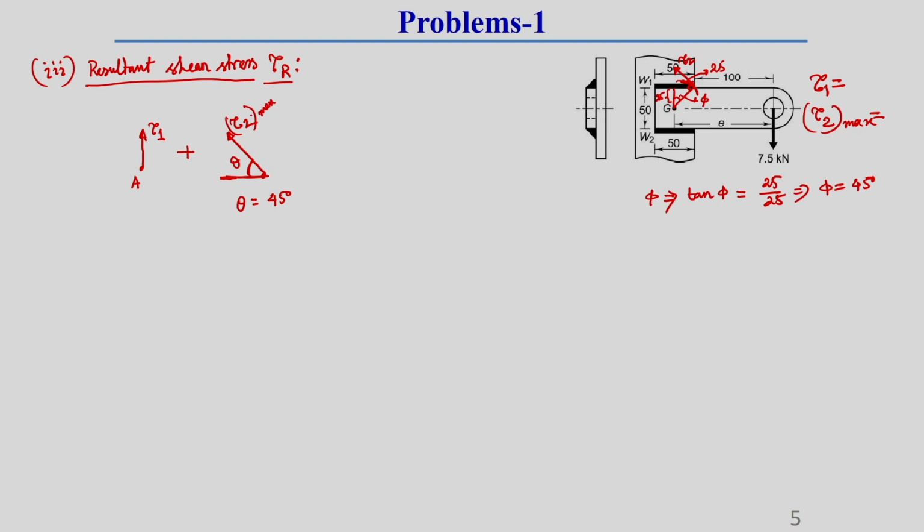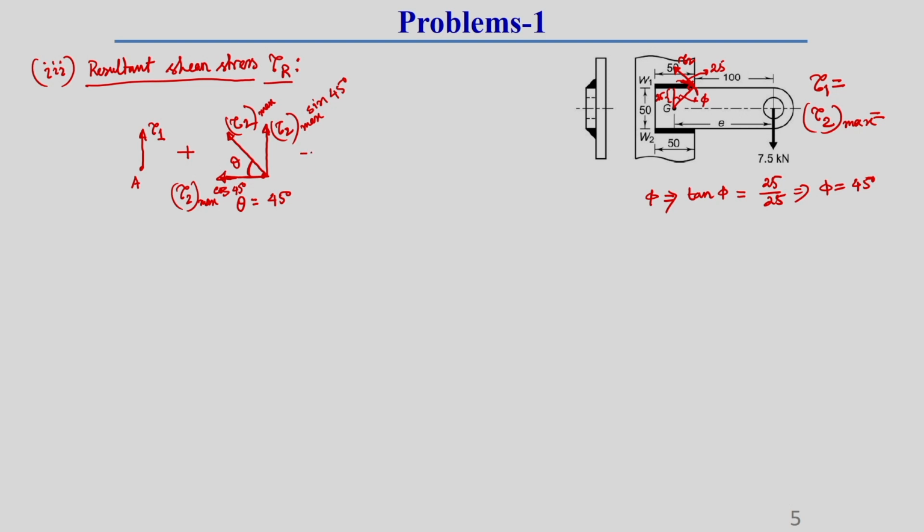So, once I divide this tau 2 max in vertical direction, here we will get this component will be tau 2 max sin 45 degree, and this component of this tau 2 max will be the horizontal component, this will be tau 2 max cos 45 degree. This is very simple things.